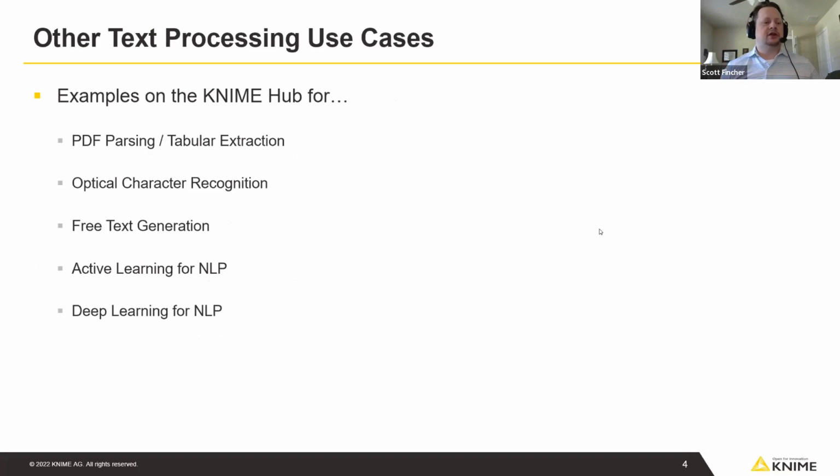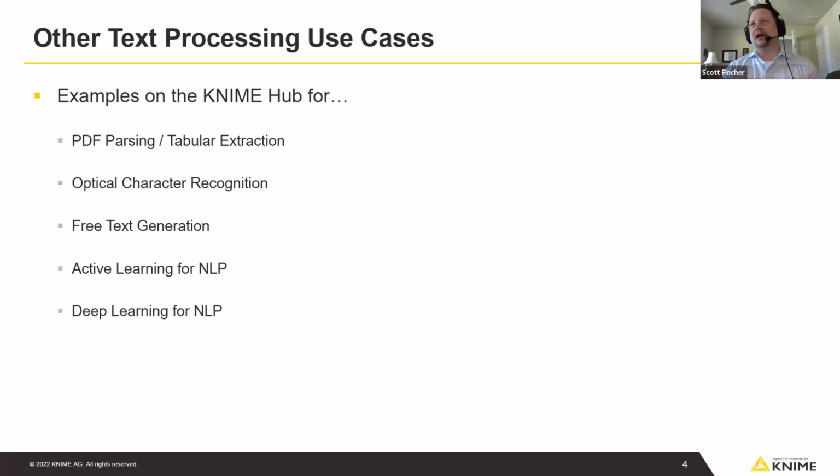Before I get started on talking about sentiment analysis, we're not going to cover all the use cases that you could possibly do with text processing. There's lots of stuff. So if you find yourself having to deal with things like, I need to extract data from PDFs or tables, maybe you need to do optical character recognition, maybe you even need to go a little deeper with some active learning or deep learning for natural language processing, we do have workflows available that cover those topics and go into a lot of detail.